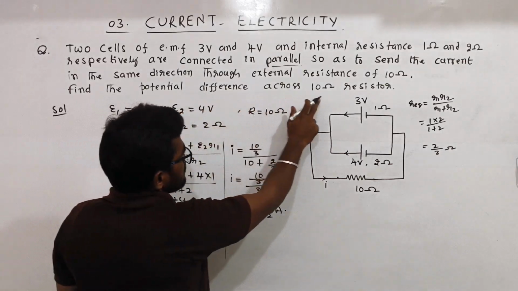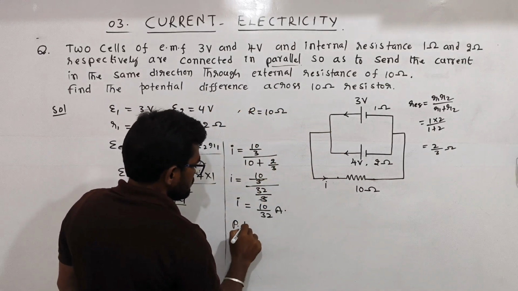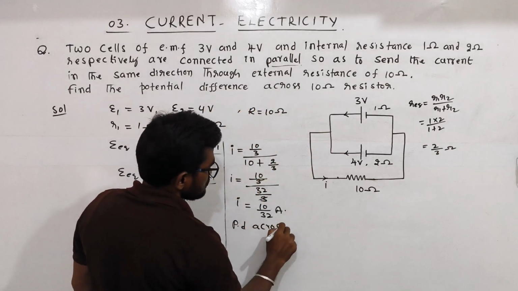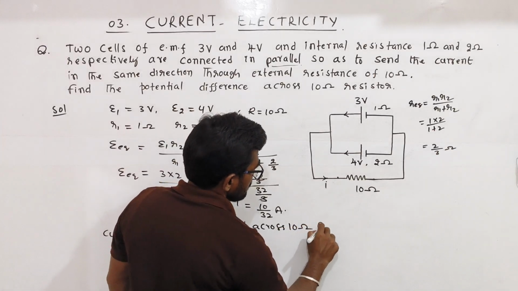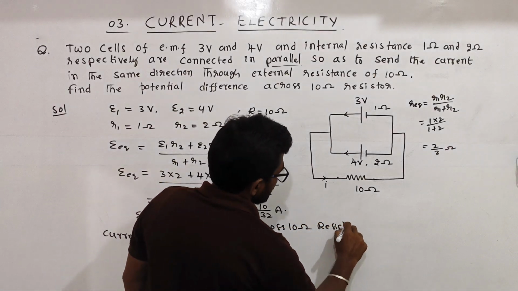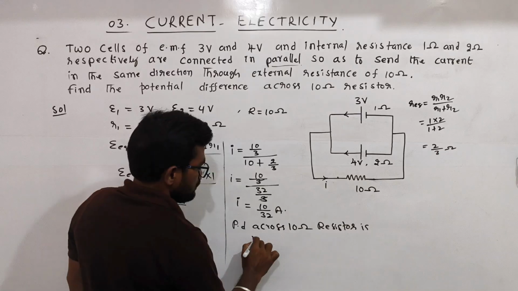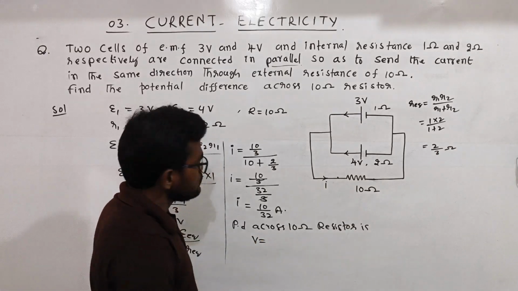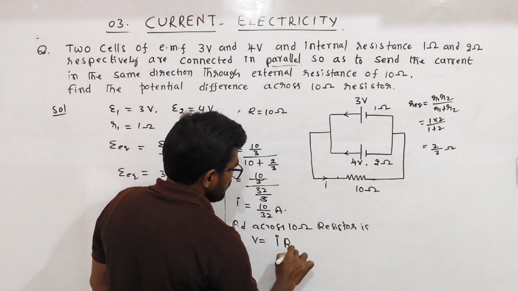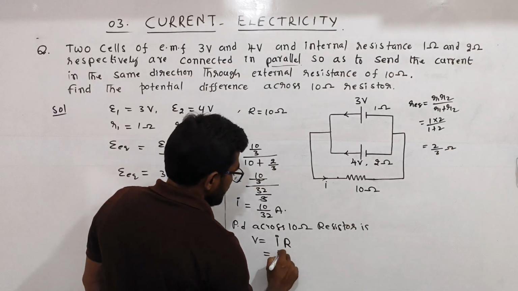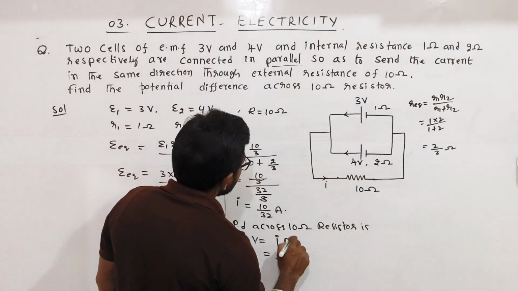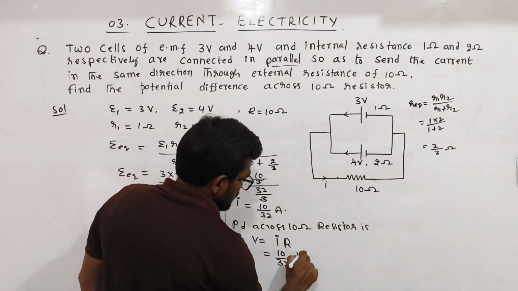Then what is the question? Find the potential difference across 10 ohm. So potential difference across 10 ohm resistor is V is equal to formula, V is equal to I into R. So I into R, I means total current, this one, 10 divided by 32 into R, R means capital R is 10, so 10.